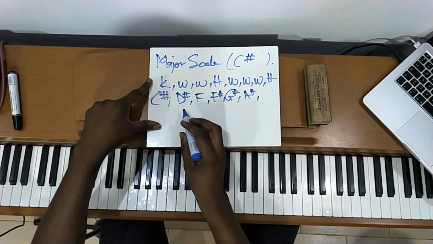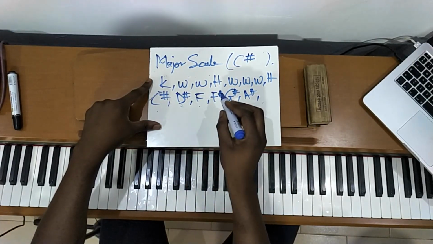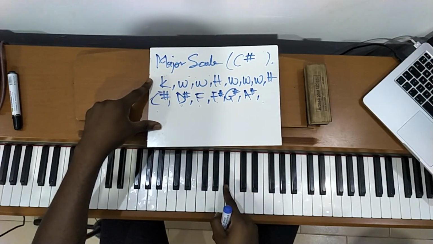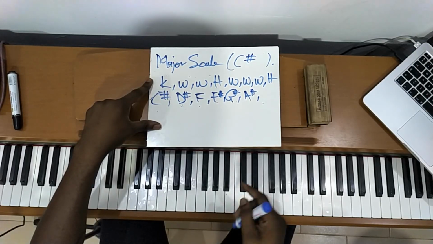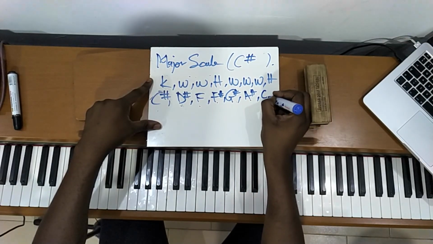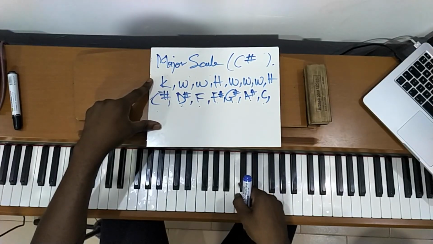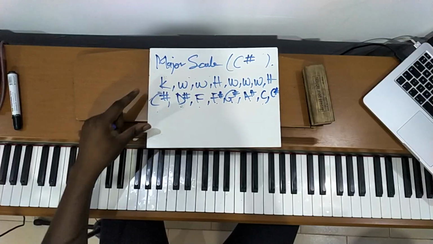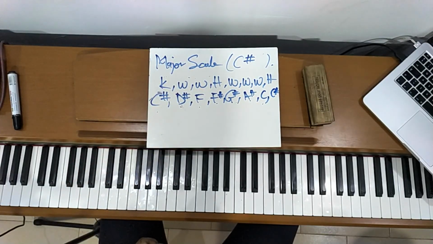So key, whole step, half, whole step, another whole step. Let's move on to another whole step. So half plus half, that will be C. Then a half step again will be what? C sharp. Okay? All right.